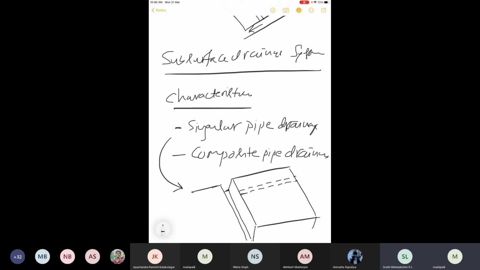Let's say this is a field drain, pointing outside to the main drain, where you get the water. This is the pipe drain, and this is the open ditch.